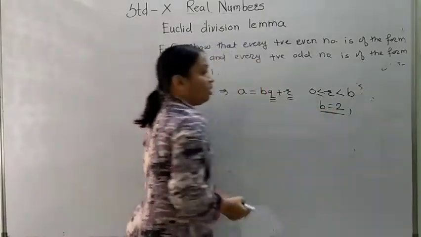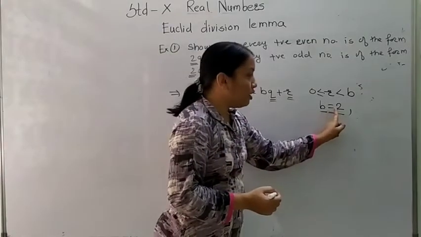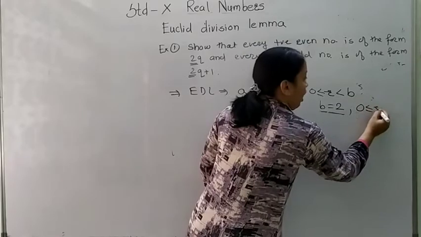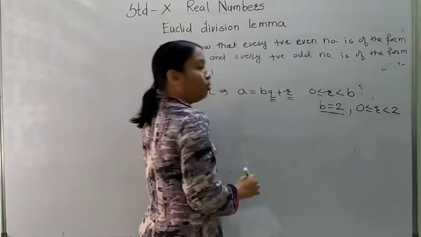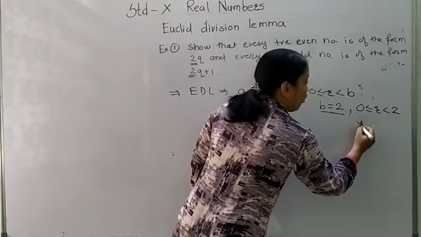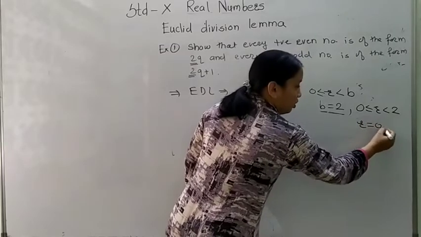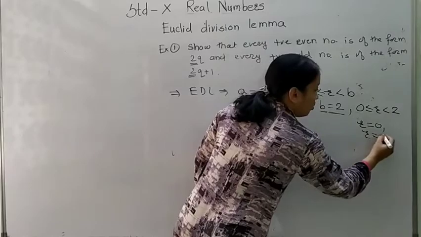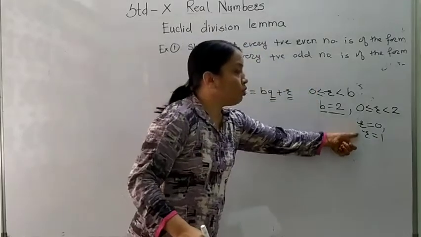Now what about r then? If b is equal to 2, following this condition, r should be strictly less than 2. What are the possibilities of r? r can be 0, as r is greater than or equal to 0, and r can be 1. So only two possibilities.